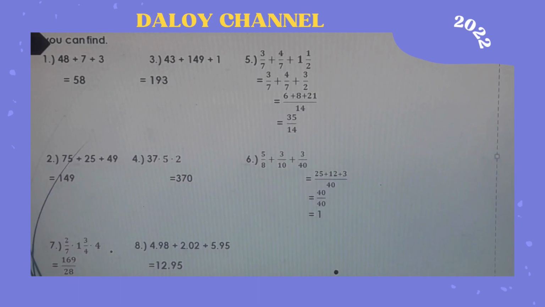So multiply the numerators, 2 times 8 over 7 times 4. So we have 16. And 16 times 4 is 64.